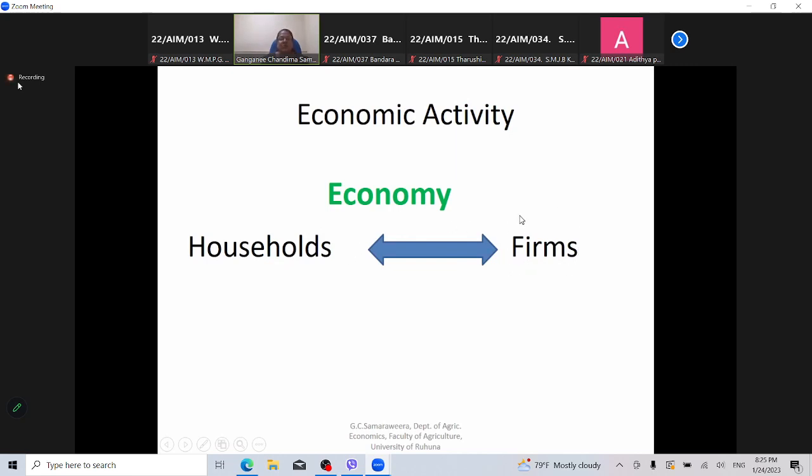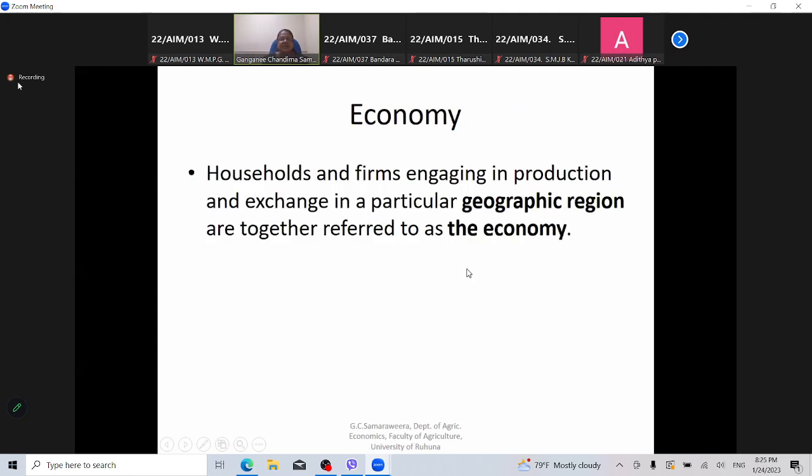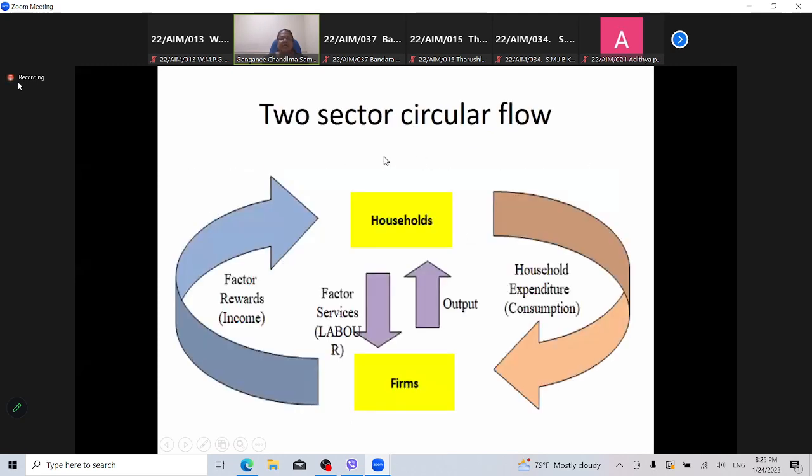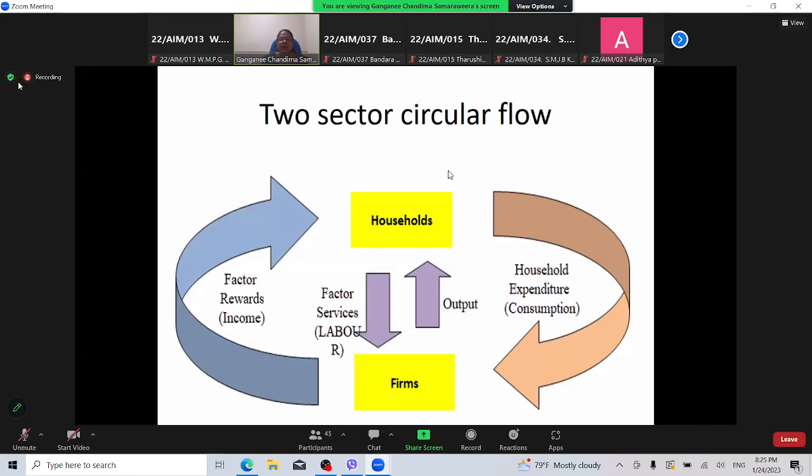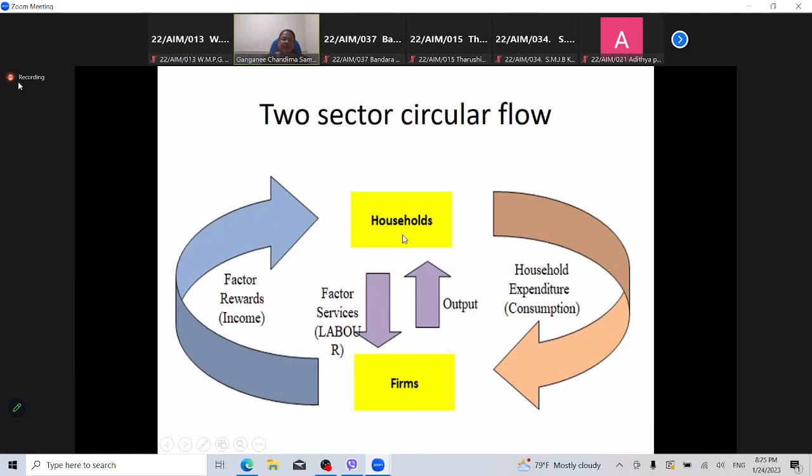You can see here in the two-sector circular flow, households and firms are there. That's why it is two-sector. Other sectors, maybe import and export markets, we are not considering here. Here at the micro level, we consider only households and firms.